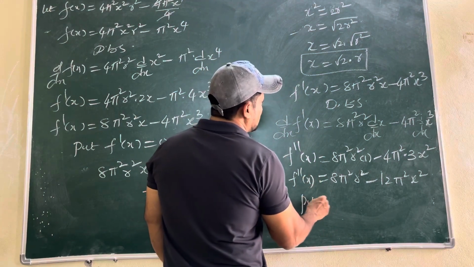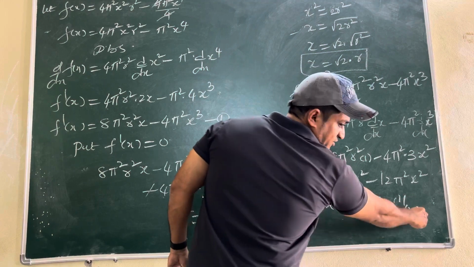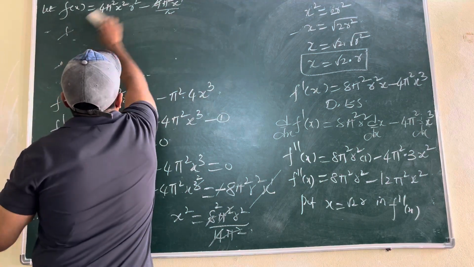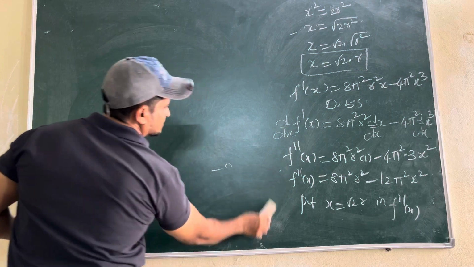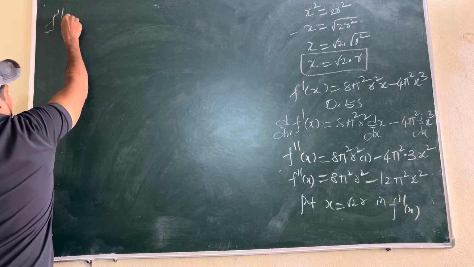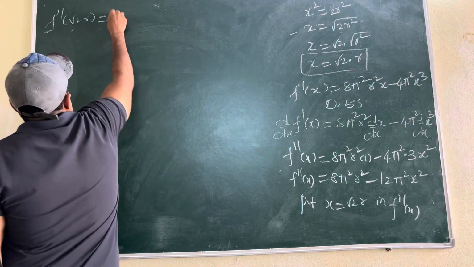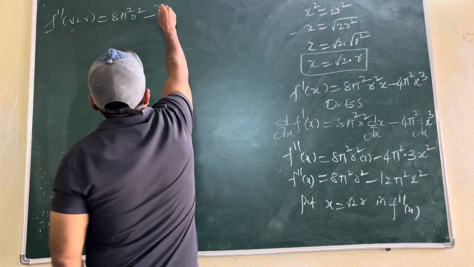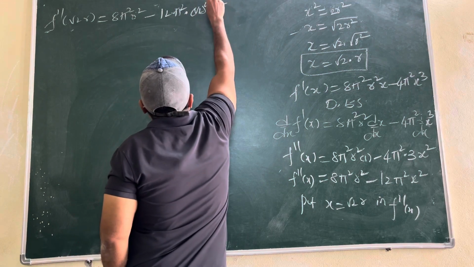Put x is equals to root 2r in f double dash of x. So what will we get if you substitute that? F double dash of root 2r, wherever x is there we can substitute root 2r. 8 pi square r square minus 12 pi square into root 2 square r square.